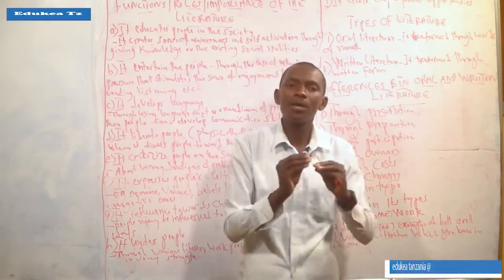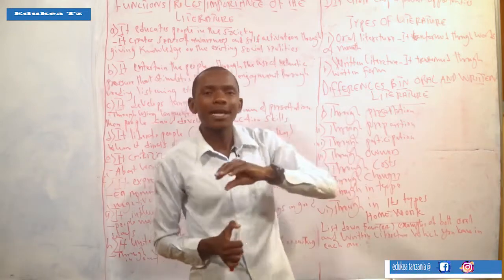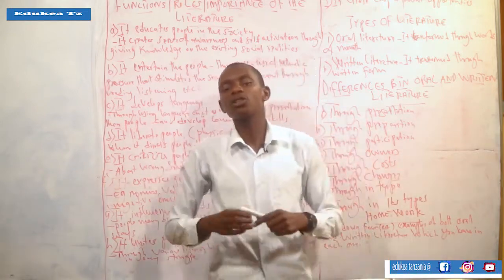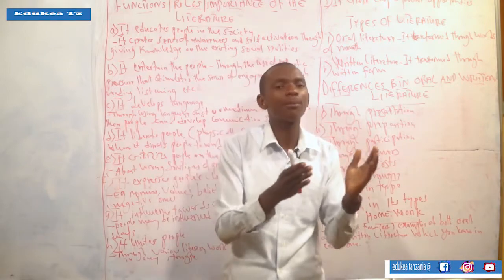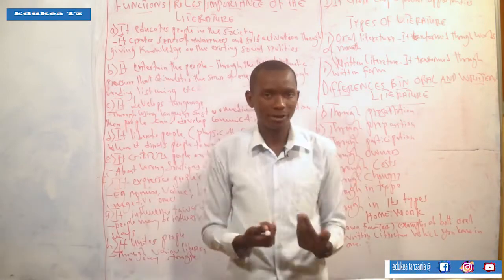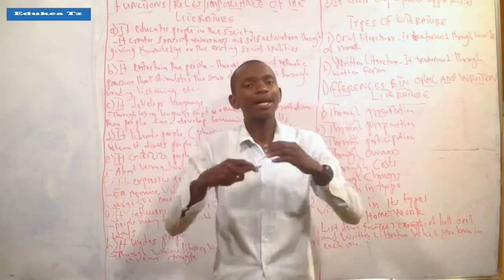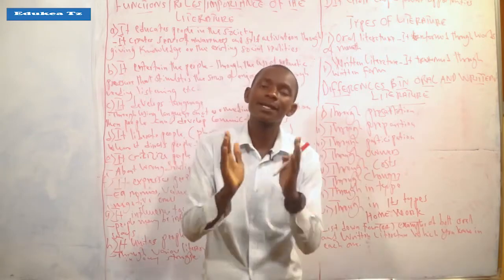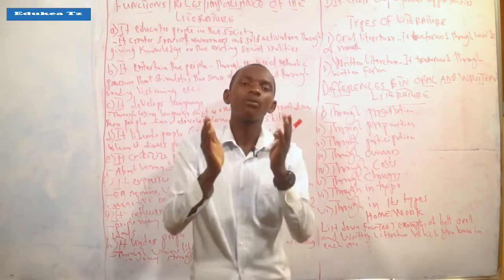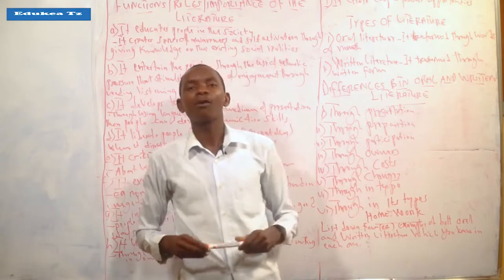Also, there are some people who are engaged in writing several literary works, so they use that opportunity as a place of creating their employment. This makes us say that literature also creates employment opportunities in our society.